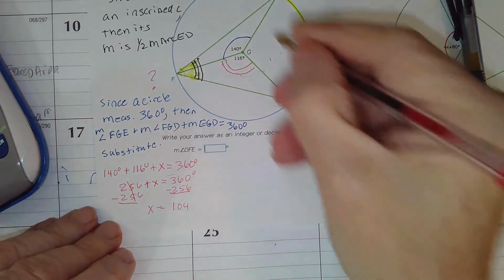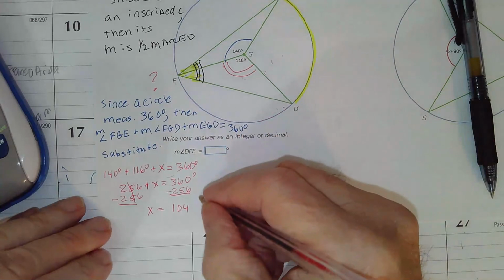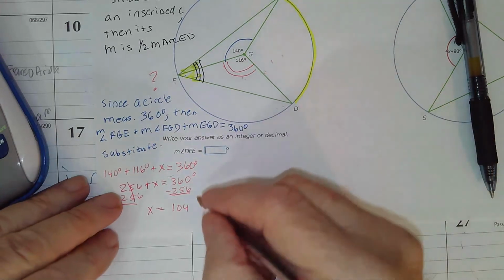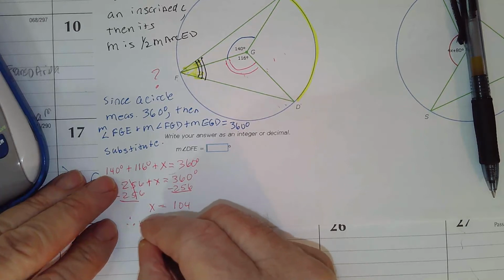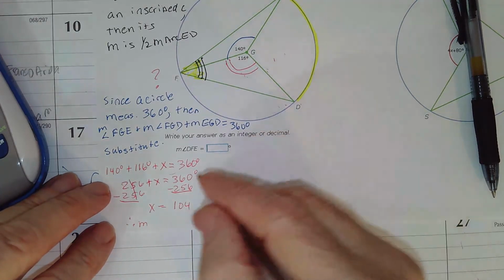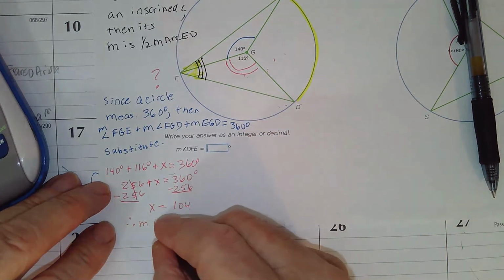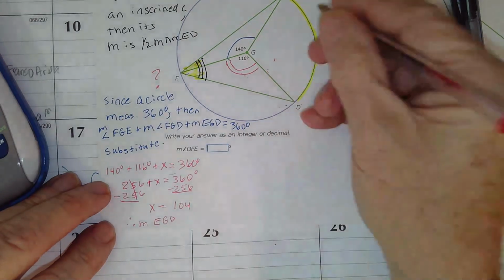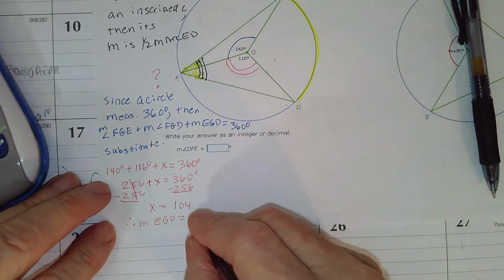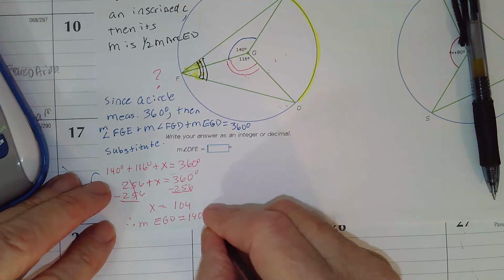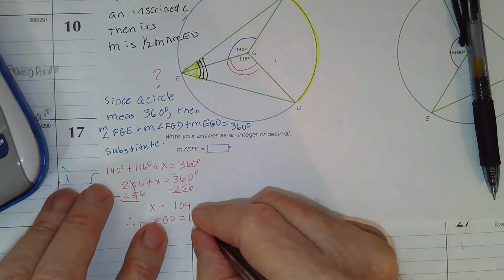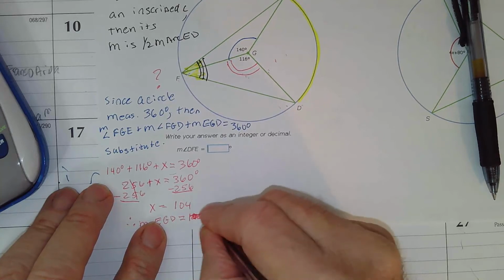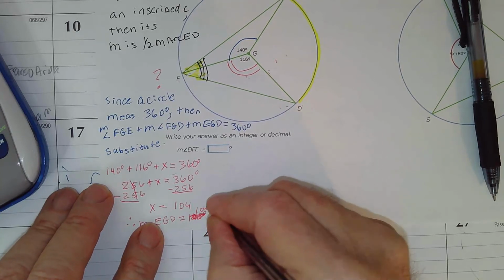Okay, so we now know therefore the measure of angle EGD, this angle over here, equals 140 degrees. Oh, 104 degrees, I'm sorry. 104, let's rewrite that. 104 degrees.